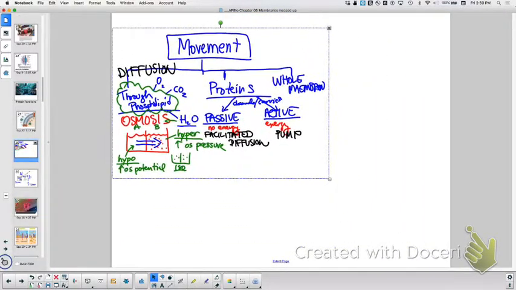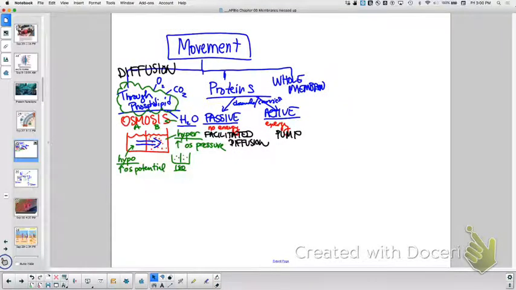Okay, here we go. Now, whole membrane, right? Then I have two categories. And by the way, whole membrane is always going to be what? Active, because you're using the whole membrane. What are my two categories of whole membrane?